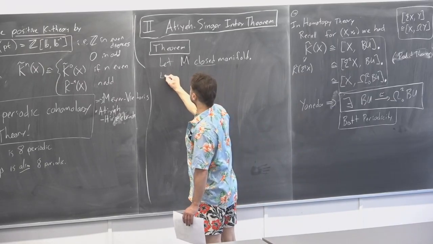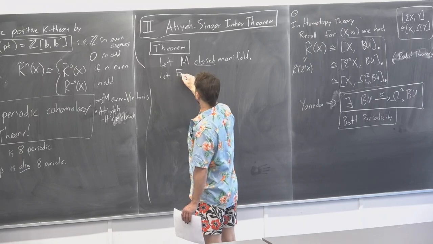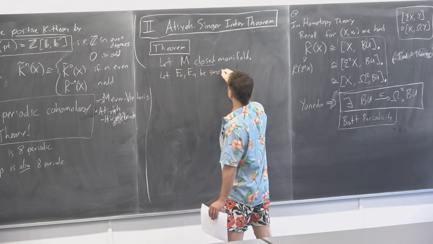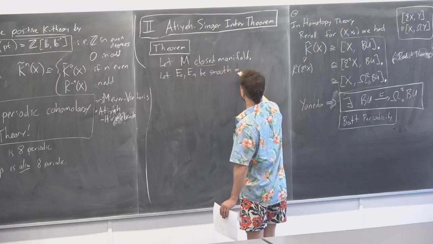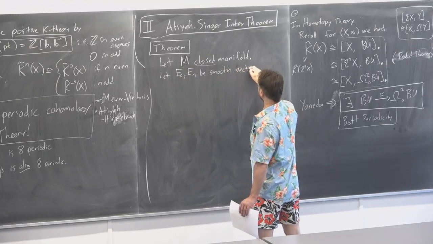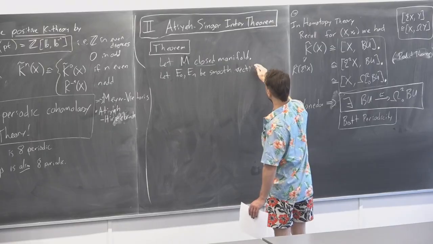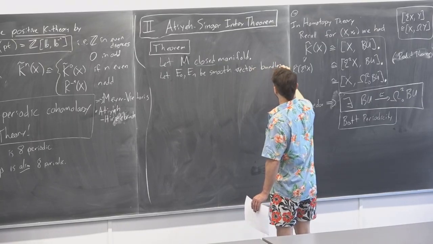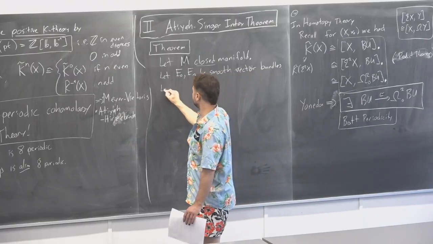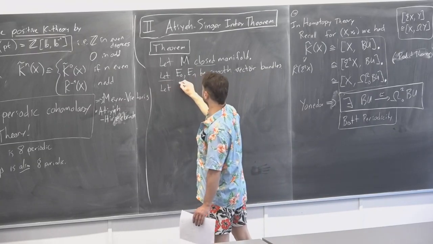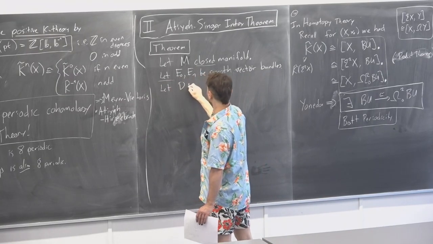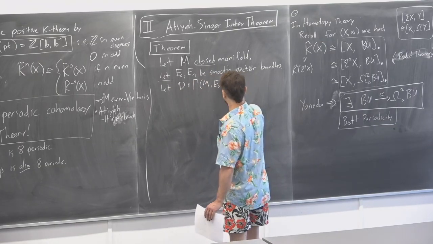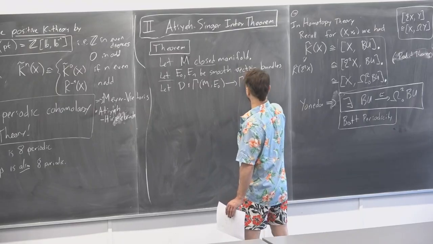And we're going to let E0, E1 be smooth vector bundles. It's not hard to imagine what I mean by a smooth vector bundle. You just require the transition functions to be smooth. And now the words start. Let D go from sections of E0 to sections of E1.